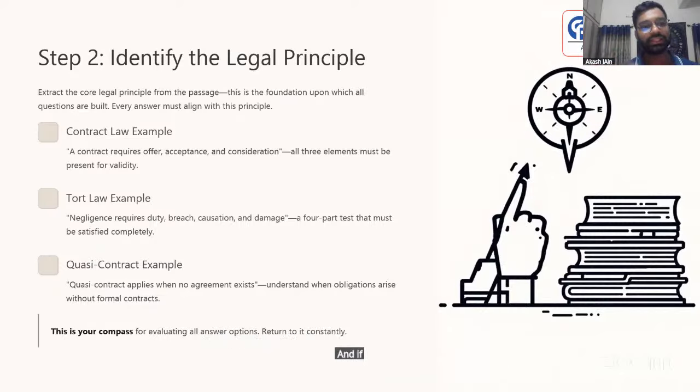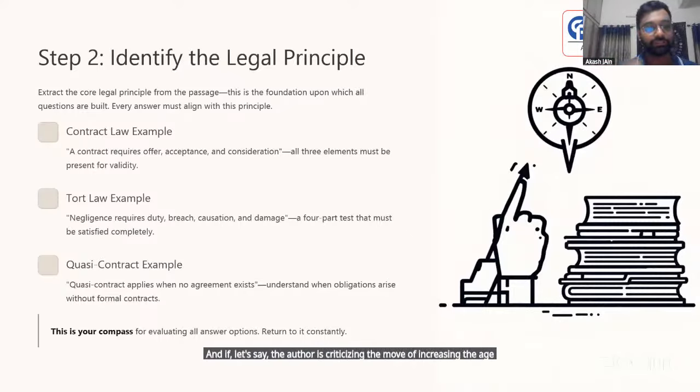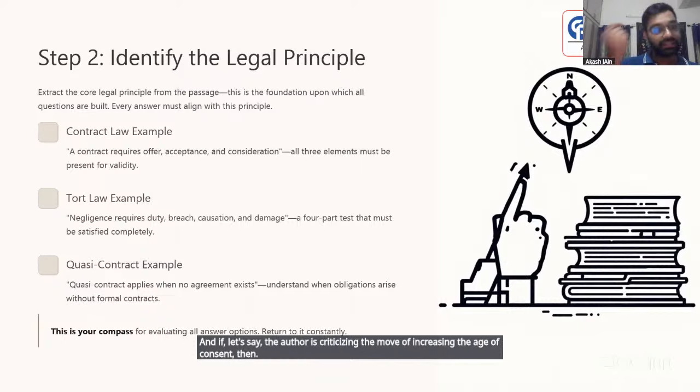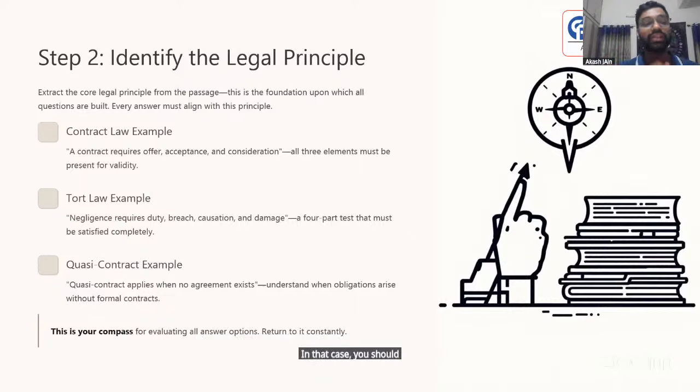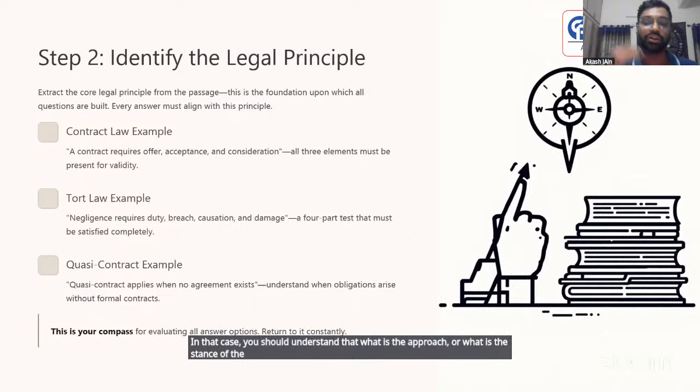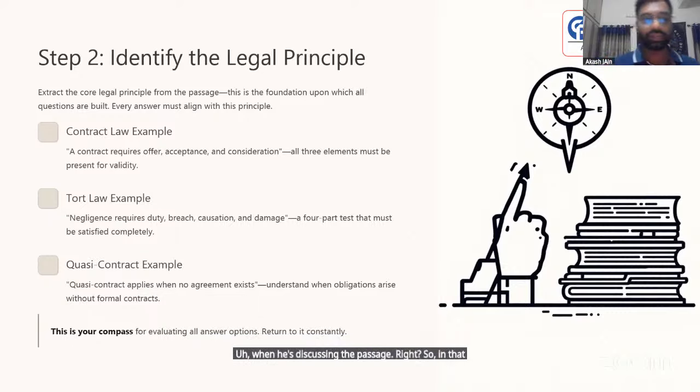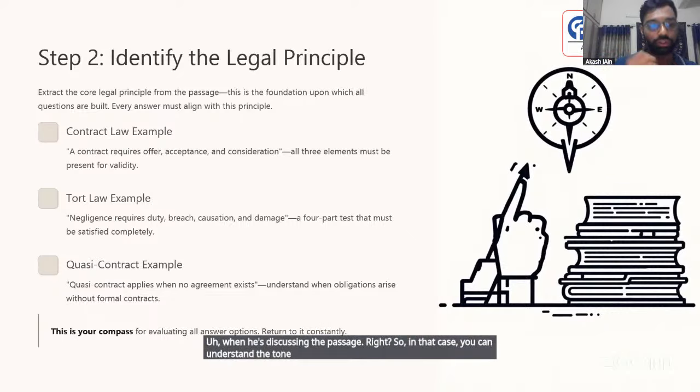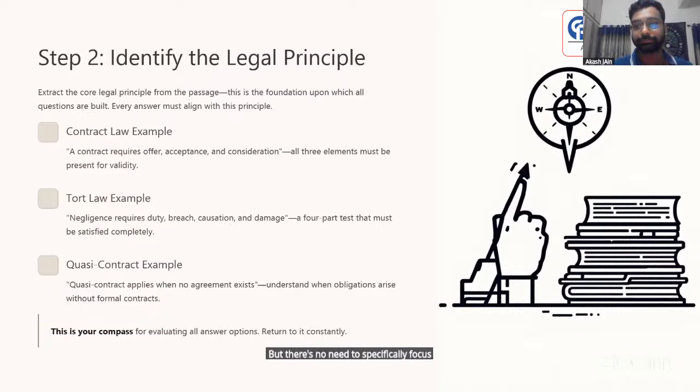And if the author is criticizing the move of increasing the age of consent, then in that case, you should understand the stance of the author when he's discussing the passage, right? So in that case, you can understand the tone, the approach or the stance of the author, or maybe the stance of the court, but there's no need to specifically focus on understanding the tone of the passage, right?